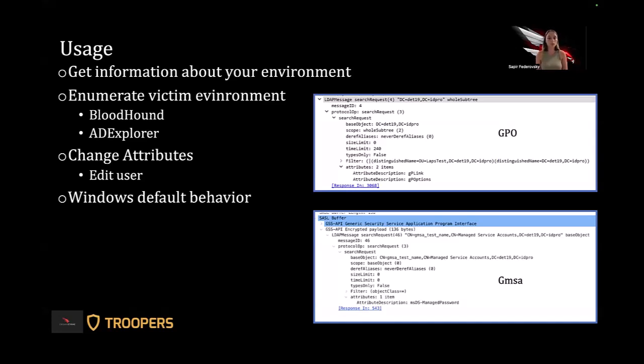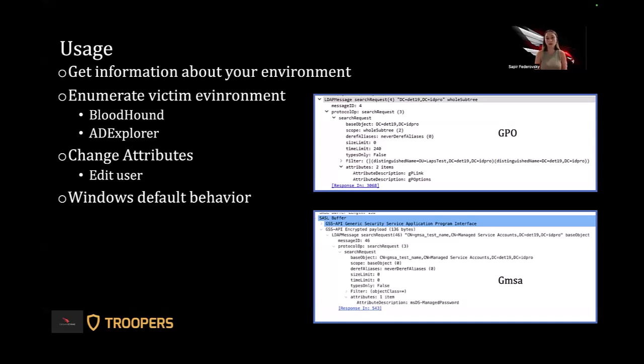So I gave you two examples. The first one is GPO. You can see the query here for the GP link and GP options attributes. And you may think to yourself, this is a GPO enumeration query. And that's actually correct. A lot of attack tools perform this kind of query. But this is also the output of the gpupdate command.